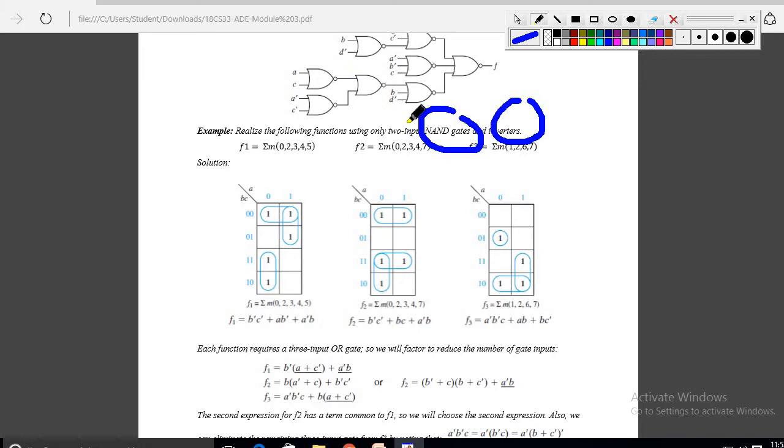Is it clear? But here it is only NAND gate, only inverters. So first we have to see the question carefully, because the steps will be similar, same Karnaugh map, same expressions, we have to get the expression after that. But according to the question we have to go for the gates asked. Okay, see here, first I used to write this. For this I am writing.